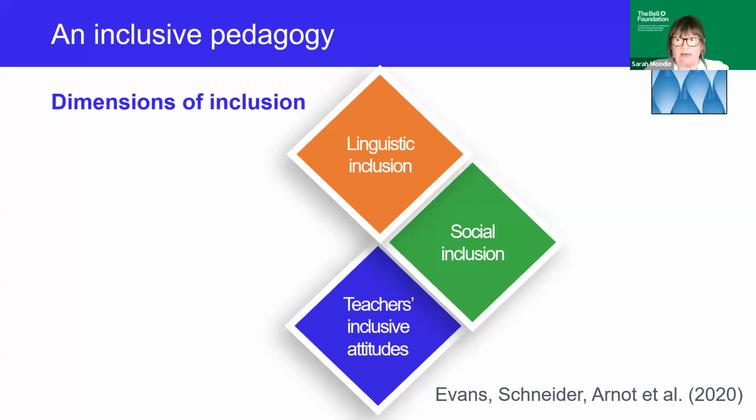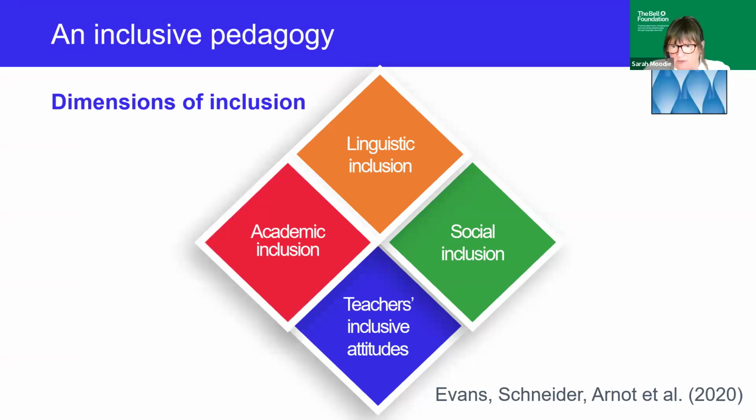So I'm going to say repeatedly through the session that it's all about collaboration, and it's about the classroom teachers actually taking ownership of what happens when the EAL children are out of their classes. And then finally, to work towards full academic inclusion, obviously include them as much as possible in the mainstream, but with the appropriate support.